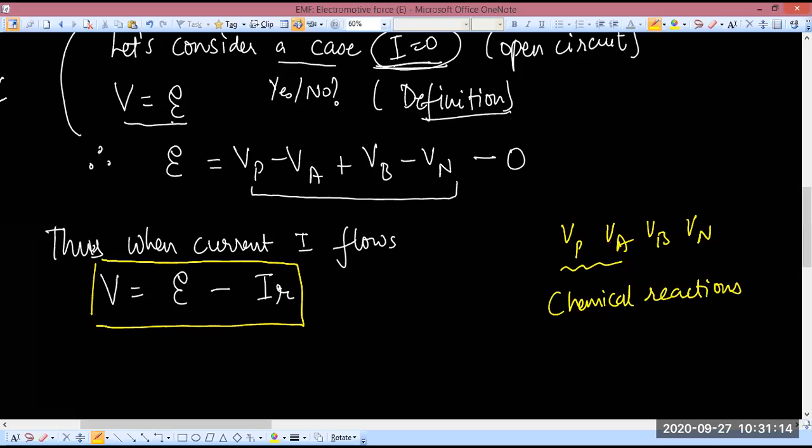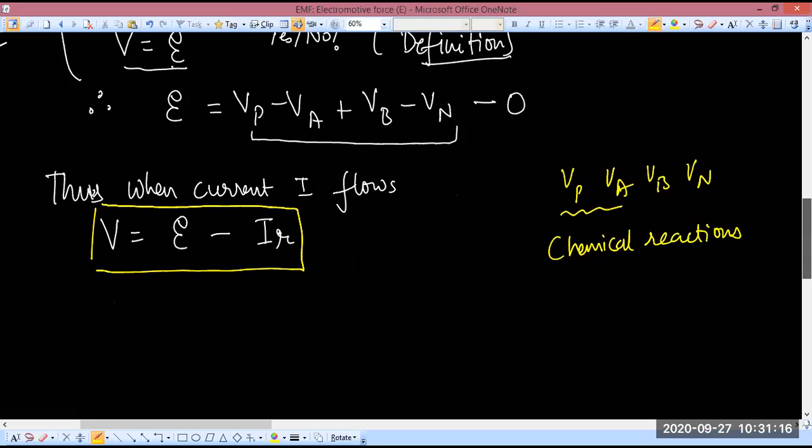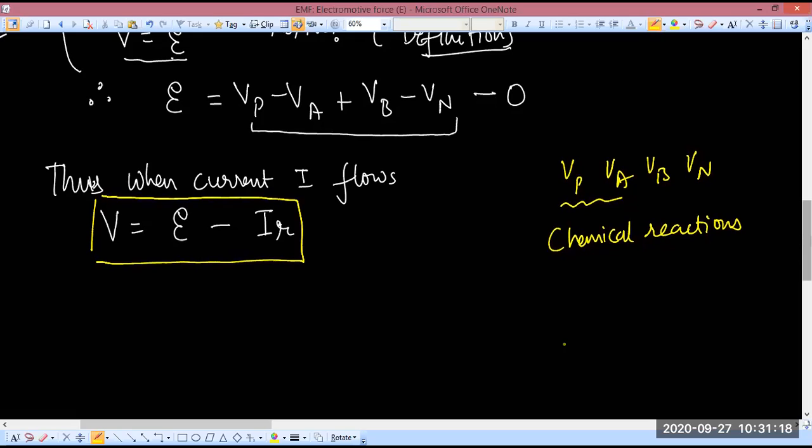Whenever you take some electrode and you take some electrolytic solution, some reaction will occur, either oxidation or reduction. That oxidation or reduction will cause a potential difference.